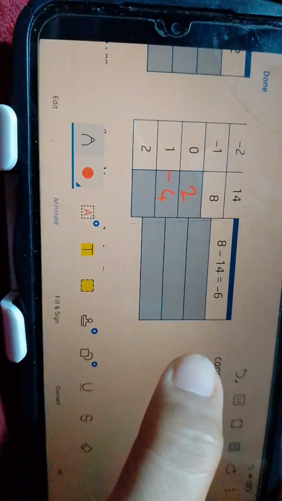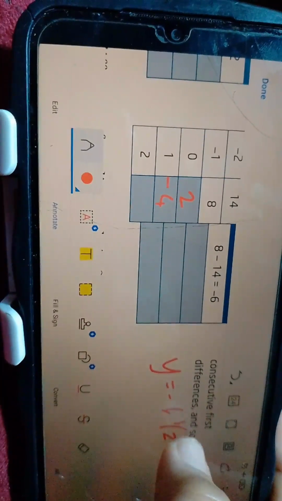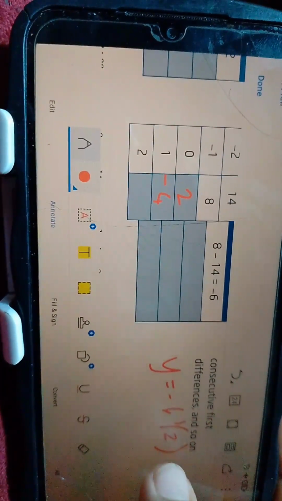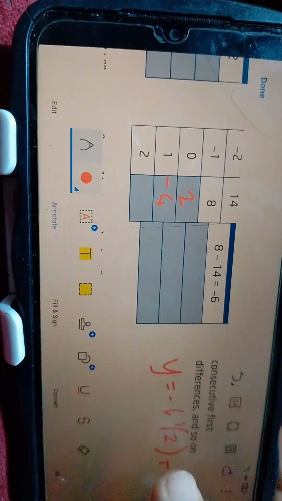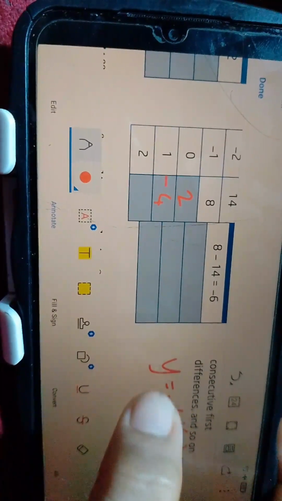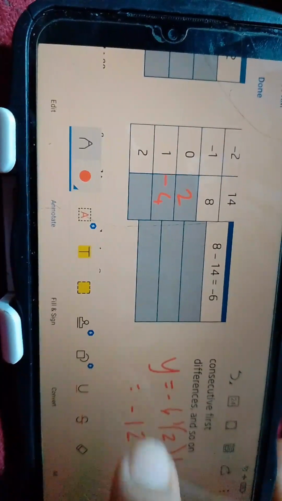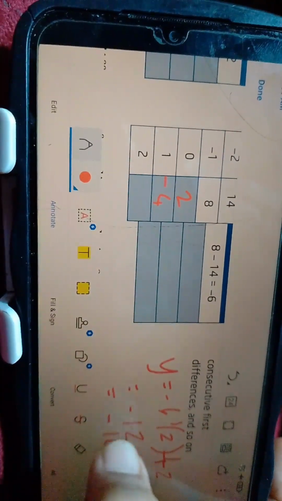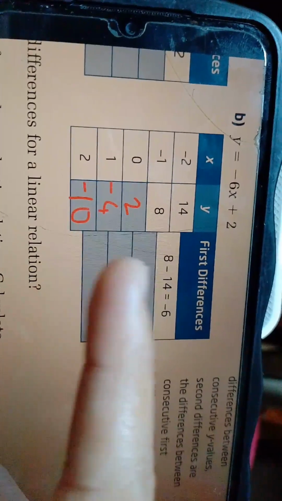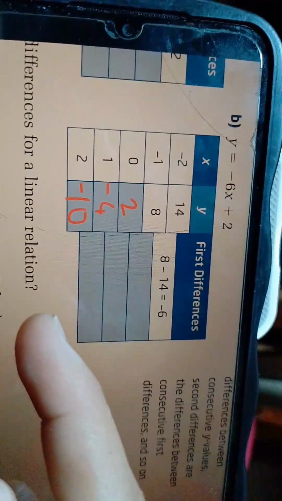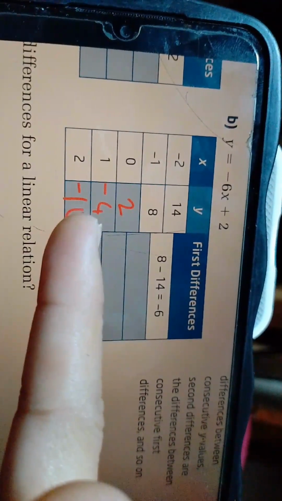How about when x is 2? The answer is negative 10. So we already have the values of y. To get the first differences, we just subtract the y values.